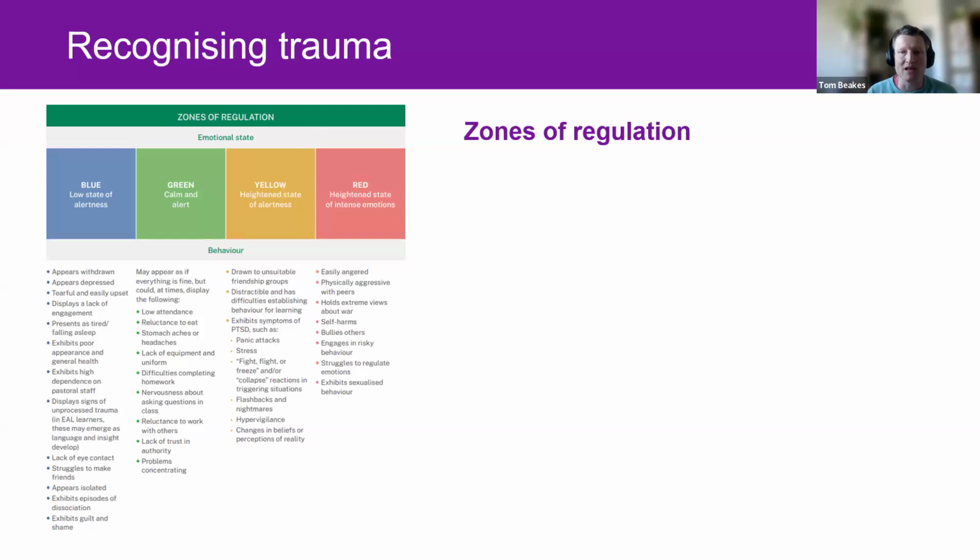But we should still be mindful that any child can experience trauma and abuse, and we know, of course, that there are issues such as affluent neglect that can affect learners even when they come from materially wealthy backgrounds.